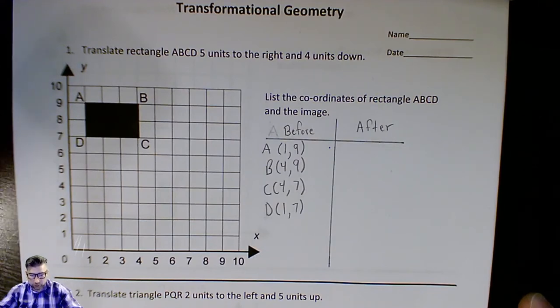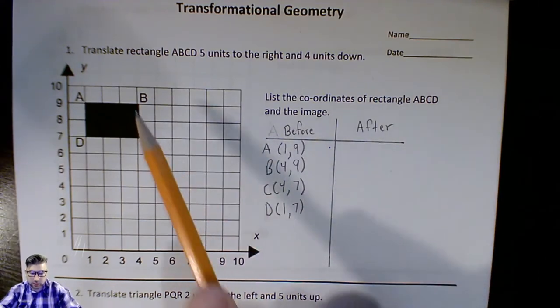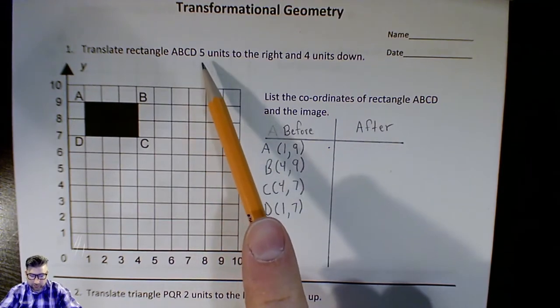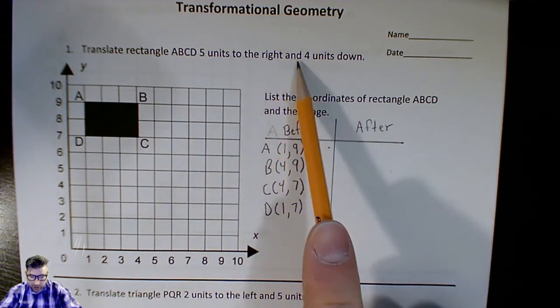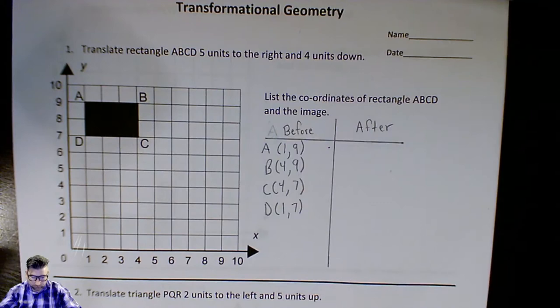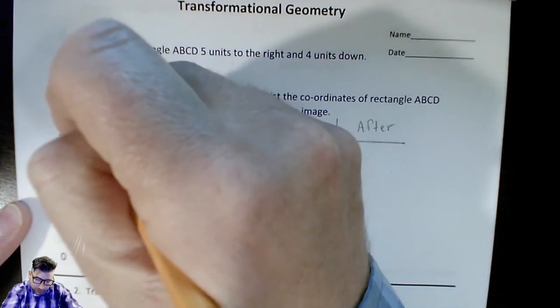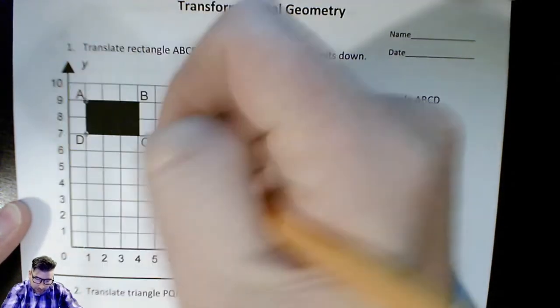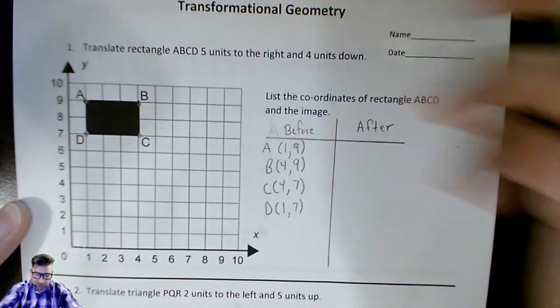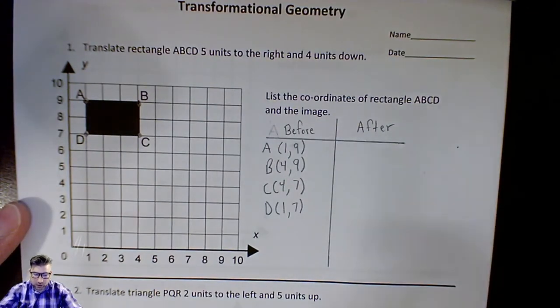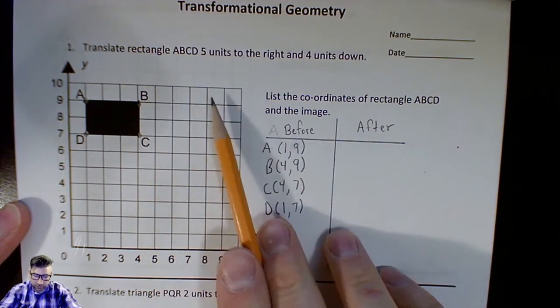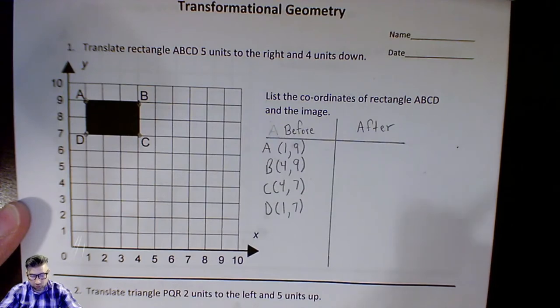Now we are going to follow the directions here. It says, translate rectangle ABCD 5 units to the right and 4 units down. So the easiest way that I find to do this is just take one particular vertex, because the shape itself is not going to change. The polygon doesn't change. We just have to take one point and move it, and then that's where that point ends up, and then draw the rest of the shape in.